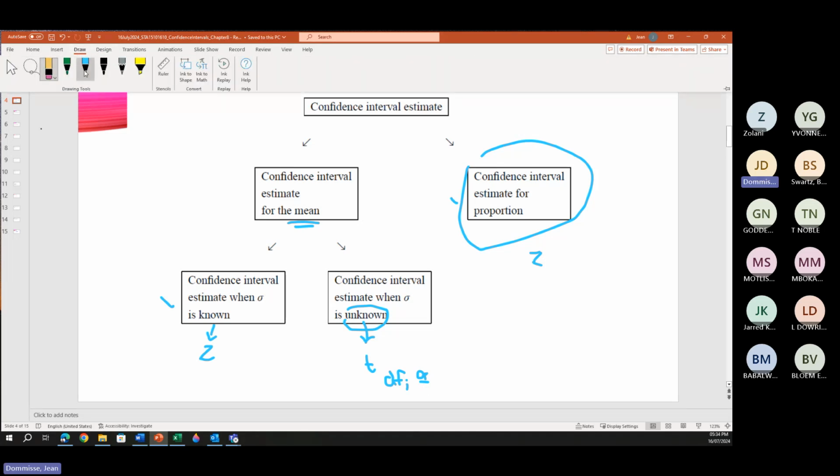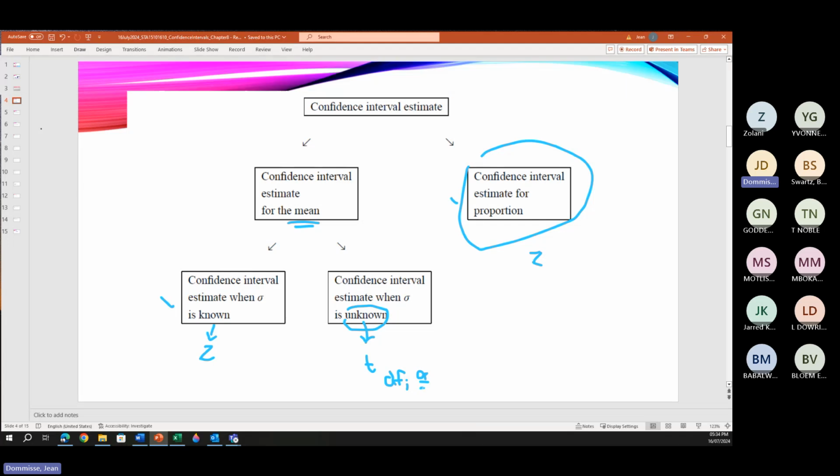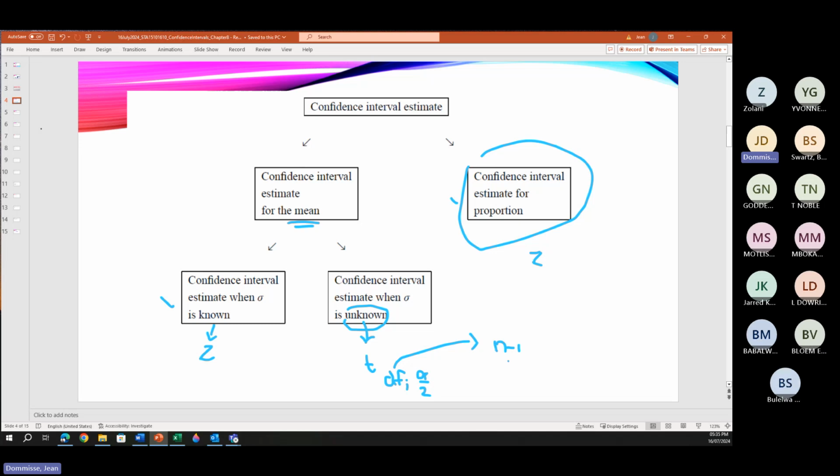So I will show you the formula of the T as well. Degrees of freedom for T is n minus 1. So we will get the sample size. They need to tell us the sample size, or they can tell you degrees of freedom, but that nearly gives it away that you need to work with the T. So they will give us a sample size, and we must just remember to subtract 1.